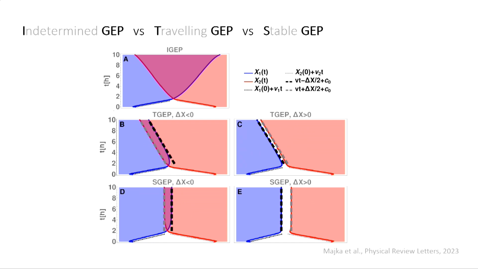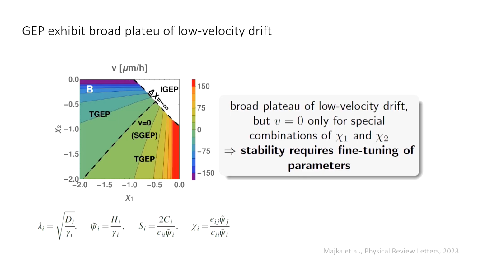They could hit each other and stay there. Probably two more slides on that. What we found is that these indeterminate gene expression profiles are part of the space, and the space is defined here through some reduced parameters.